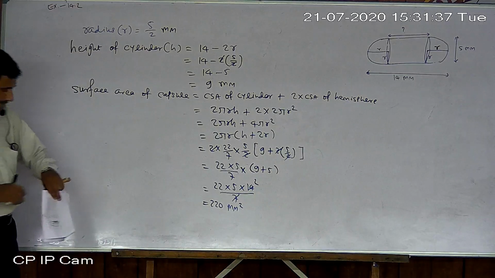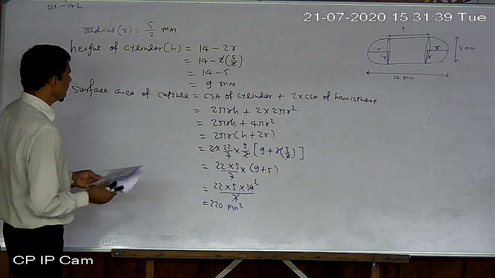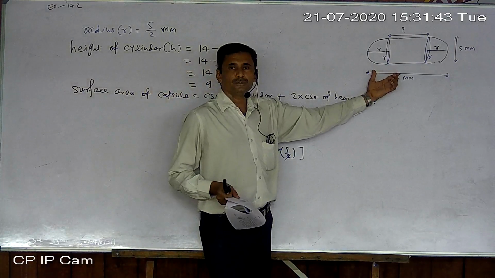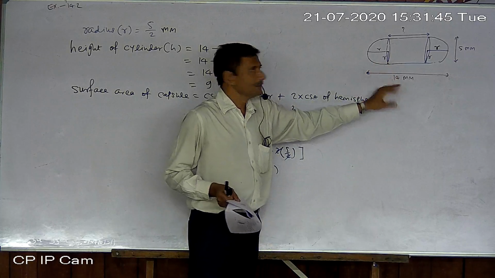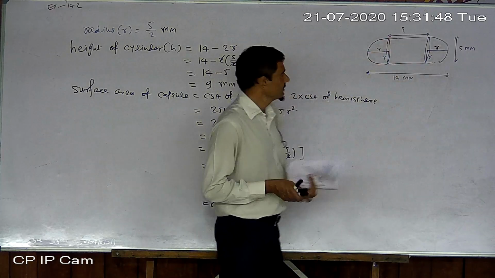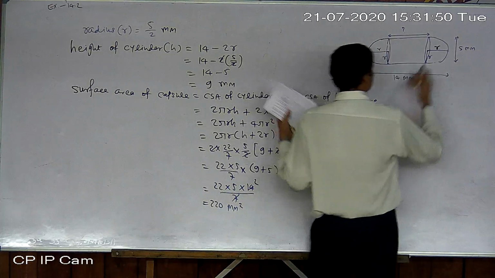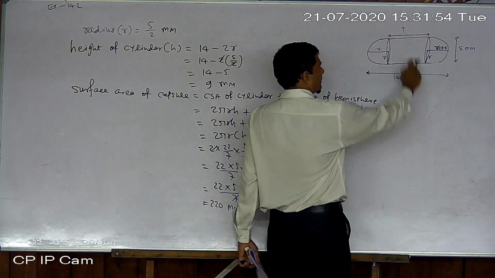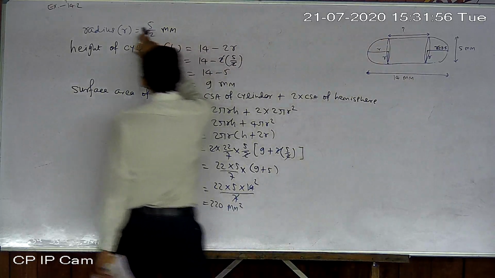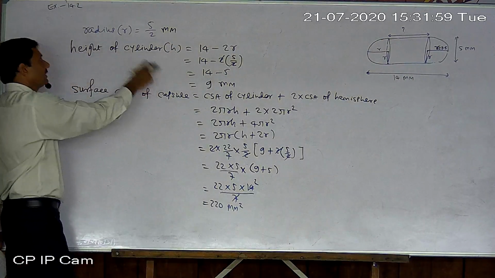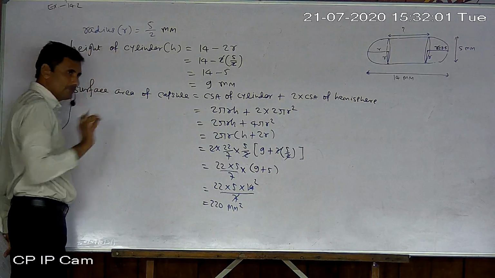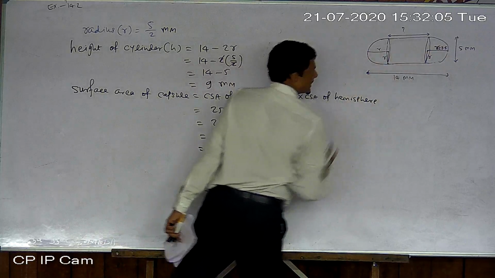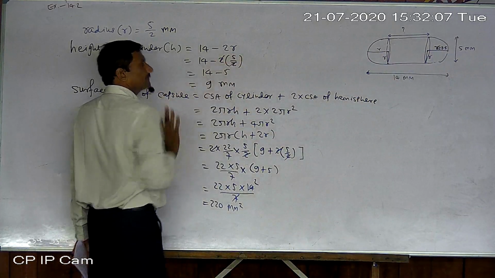Okay, again I will just explain it. First of all, you have to draw systematic figures and label all measurements here. R is not actually given, but R is 2.5. Why make it half? Total length is given, so we can find the length or height of the cylinder. You can say height or length, both are the same here. So we subtracted this part and this part, so 2 times R is subtracted.